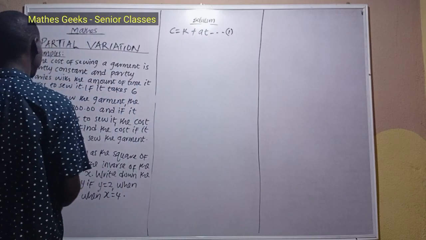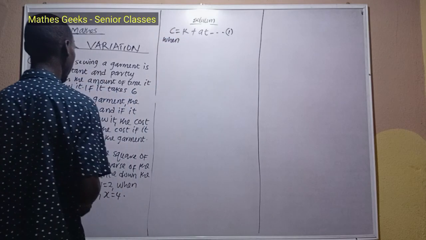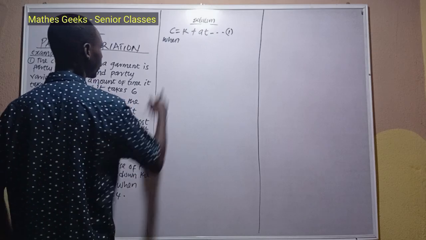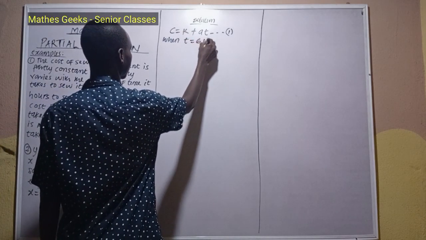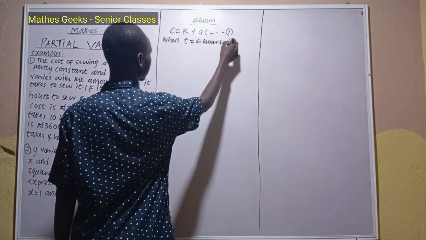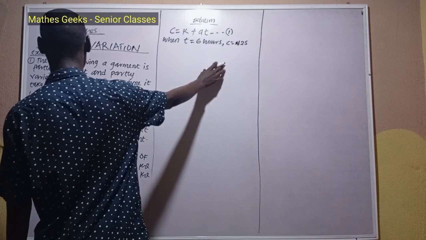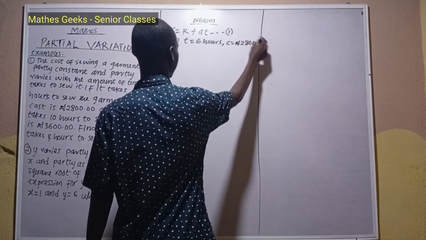If it takes 6 hours to sew the garment, the cost is 2,800 naira.